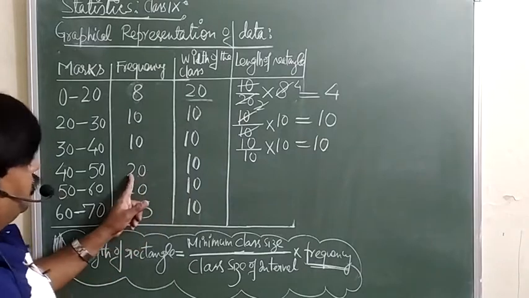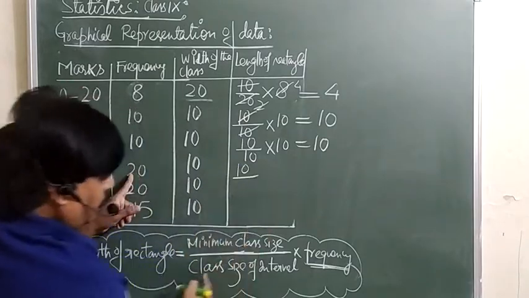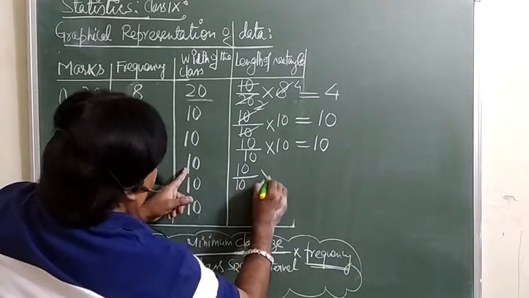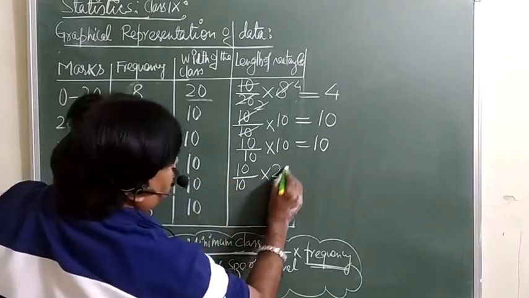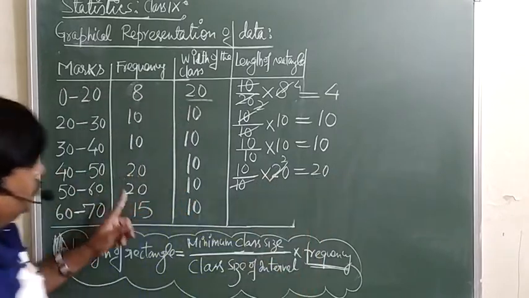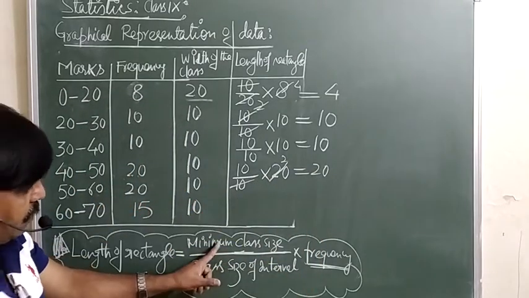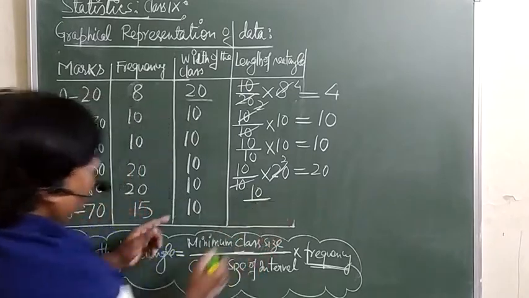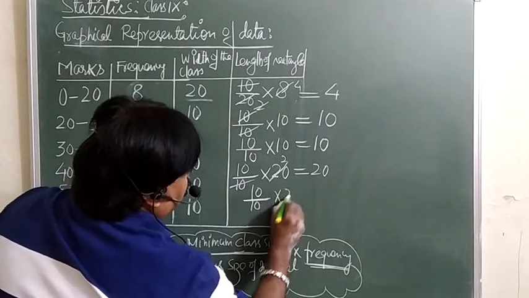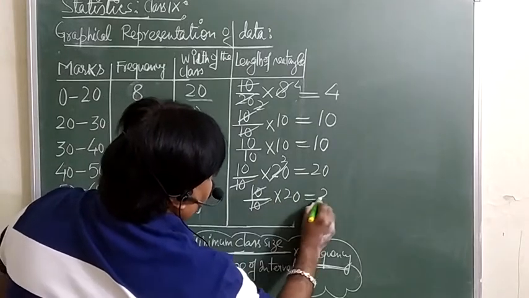Minimum over the class size of the class interval: the class size is also 10, but your frequency is 20, so this will remain 20. Here the minimum is 10 and the difference is also 10, into 20, so it also remains the same.